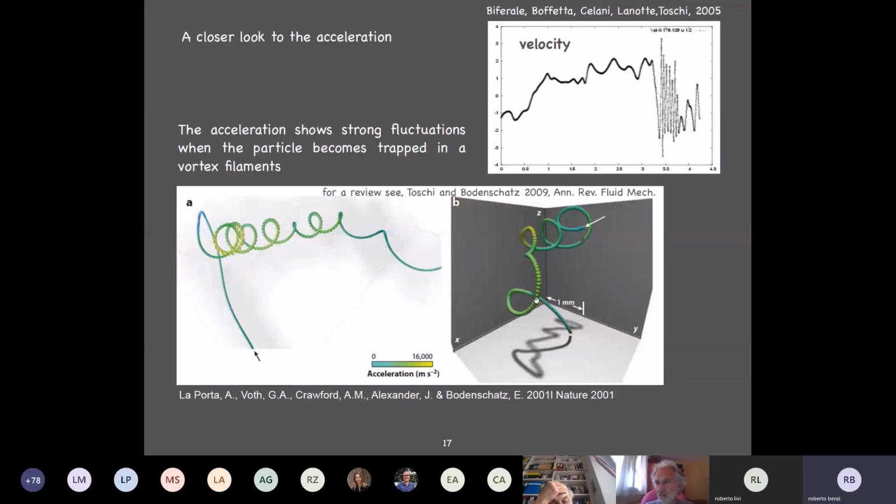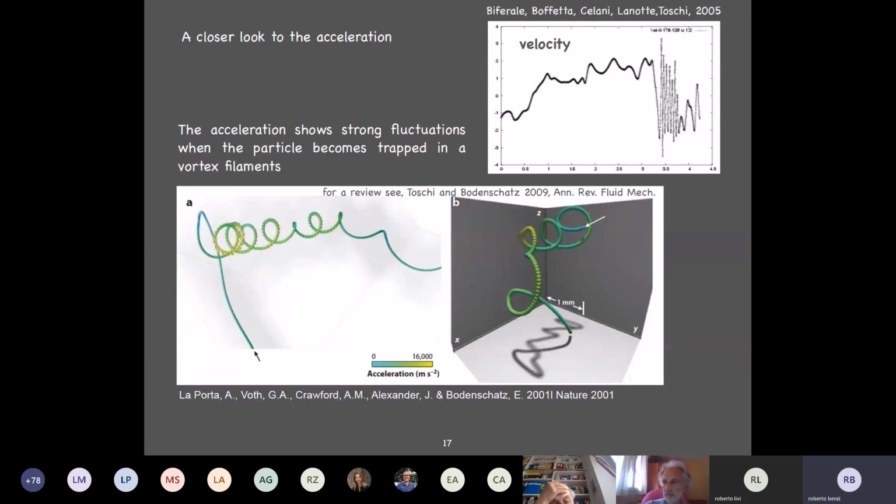By the way, you can see here that the acceleration in this numerical simulation can be as big as 16,000 meters per second squared. So it's really huge.